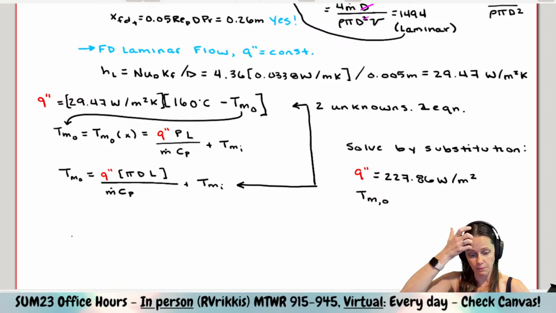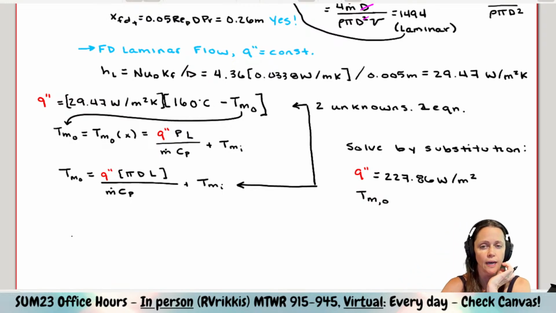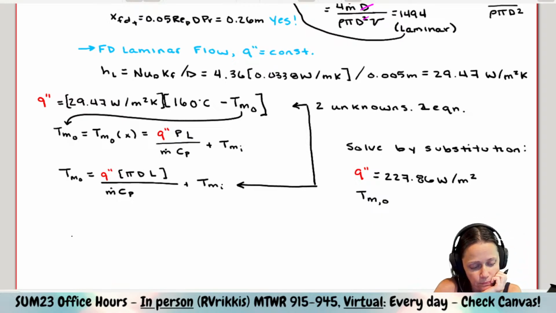Can we do the same thing by applying the first law? To find Q? Yeah, I think you could. The question was, could you apply the first law?